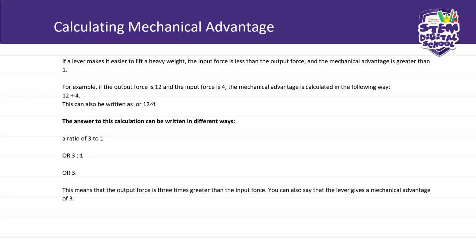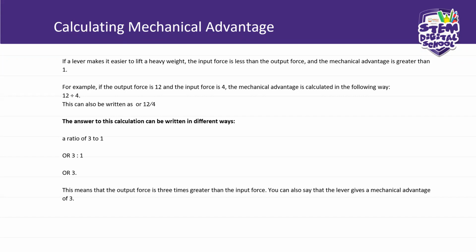It can also be written as a fraction. That is load divided by effort, because this output force is the load. The value of the load is 12 in this case, and the input, the effort, is 4. So the calculation is correct. It's load divided by effort.